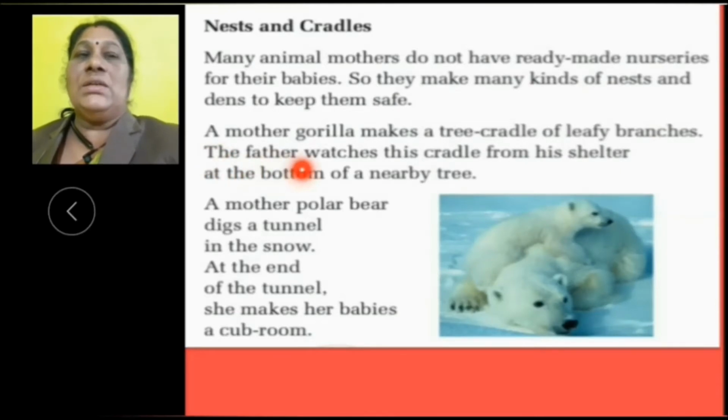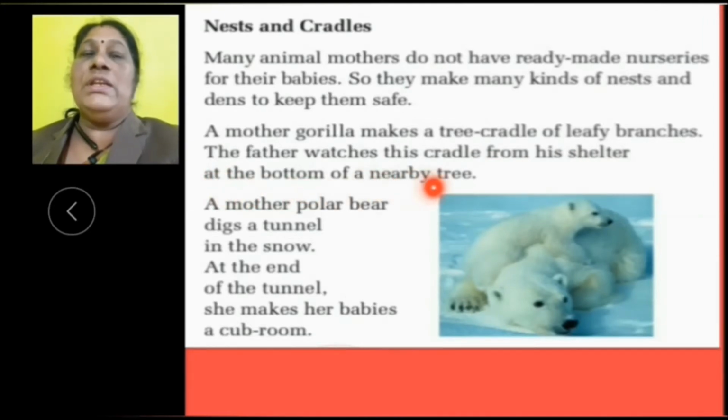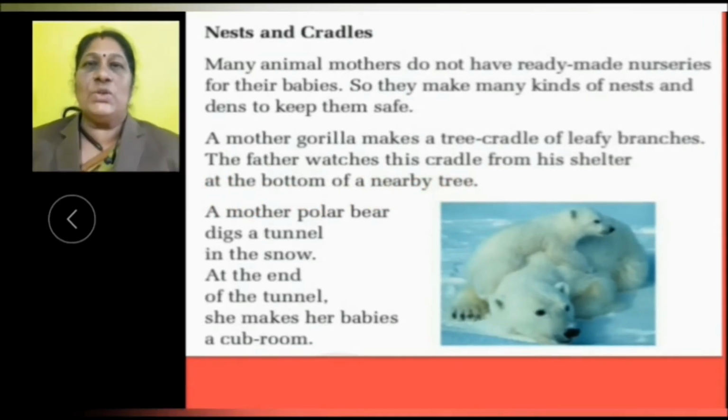The father watches this cradle from his shelter at the bottom of a nearby tree. So children, there are many animals who do not have safe places to keep their babies. So they make their own nests, dens, etc. to keep their babies safe.